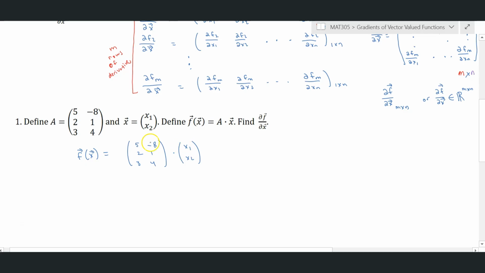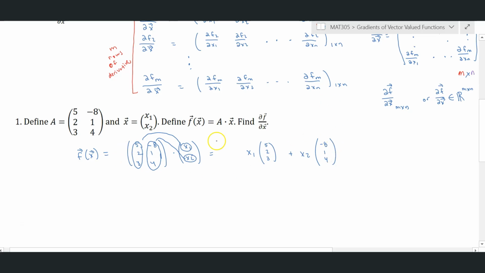So the first element, if we recall matrix multiplication, multiplies the first column. The second element multiplies the second column, and those two results get added together. So that will look like this. It will be x1 multiplied by the first column, 5, 2, 3, plus x2 multiplied by the second column, which is negative 8, 1, 4.